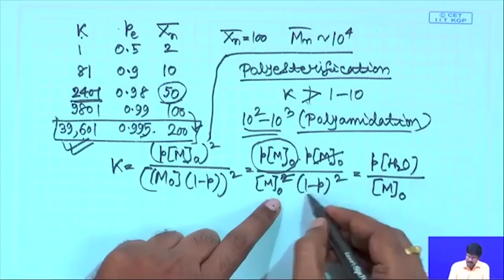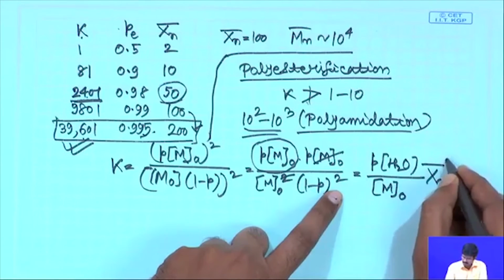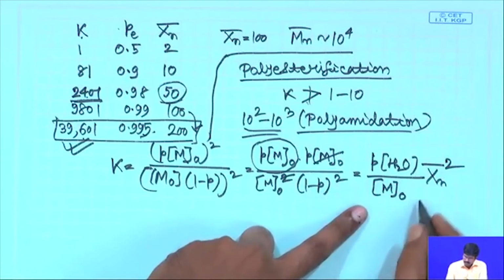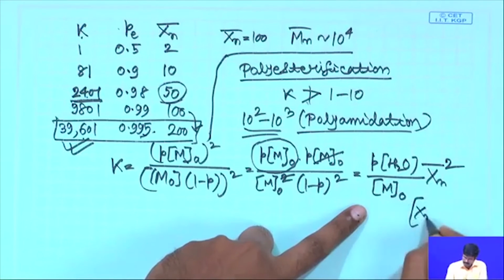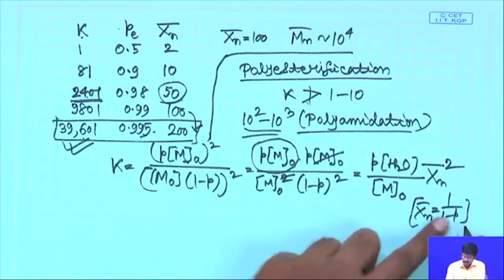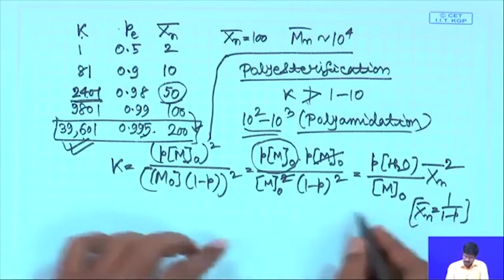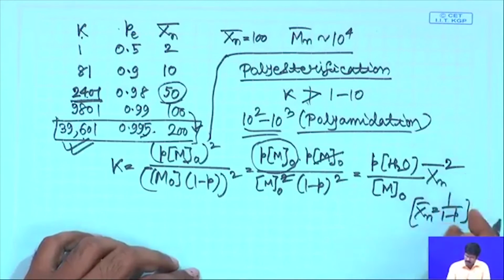and 1 divided by (1 minus P) whole square is nothing but Xn bar square, Carothers equation, you already derived that. Now, you know your Xn bar is equal to 1 divided by (1 minus P). So, correspondingly you can derive the expression of P in terms of Xn bar, which is nothing but (Xn bar minus 1) divided by Xn bar.